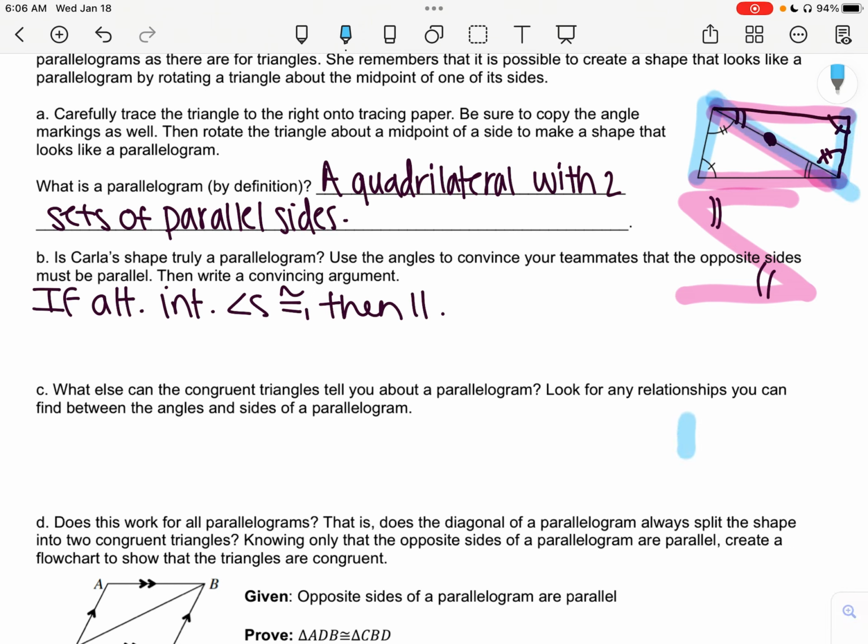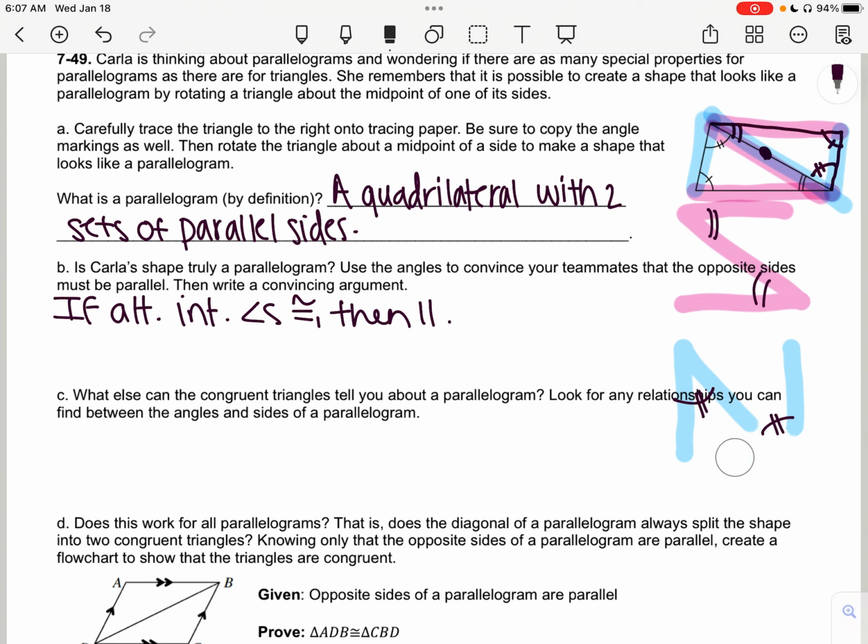So then we have this situation going on, where it's like kind of a moved Z. And this top one and this one, those are my alternate interiors, and those are actually also the same based on the picture, not that I just randomly drew it to make it work. So we know that for both situations, if alternate interior angles are congruent, then parallel, and that gets us our two sets of parallel sides. So yes, that is in fact definitely a parallelogram. So we're good on that.